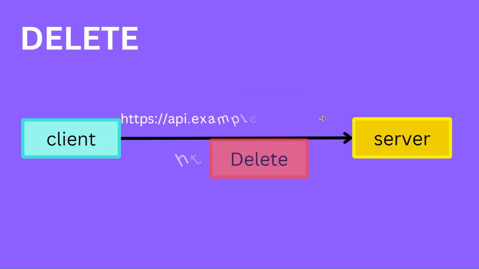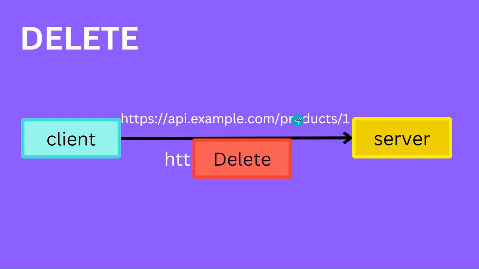Next we will see the delete method. The delete method deletes the already available product with the product id that we have mentioned in our URL.